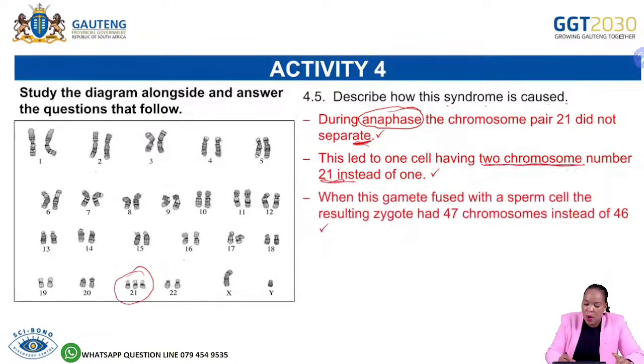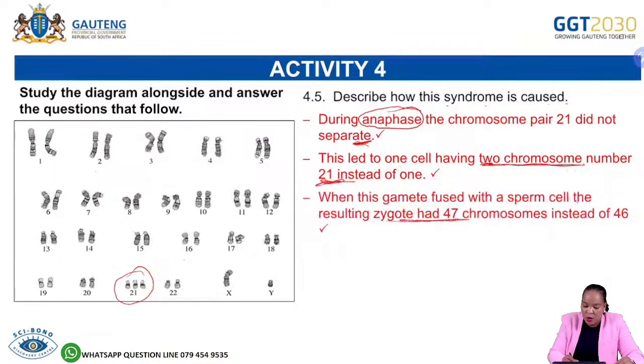Then when this gamete fused with a sperm cell, it resulted in a zygote that had 47 chromosomes. Now this sperm cell, if it fuses with a normal gamete, comes with 24, remember it has 24. Why? Because there's an extra chromosome there at chromosome number 21.